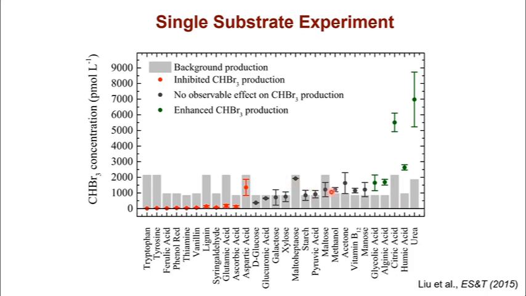The black color dot shows you the compounds that actually don't do much in the seawater, so they don't contribute much to bromoform production. And then several organic acids and 1 humic substance, which is actually an undefined structure substance, are enhancing bromoform production compared to the background seawater production.